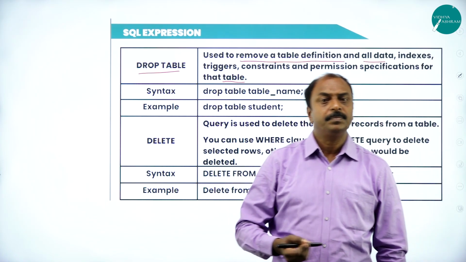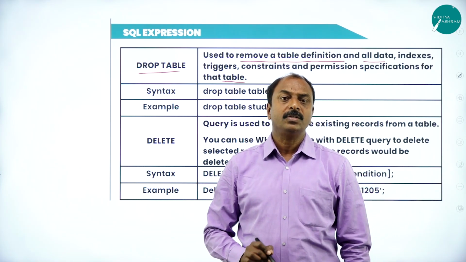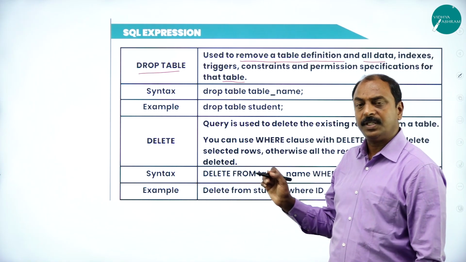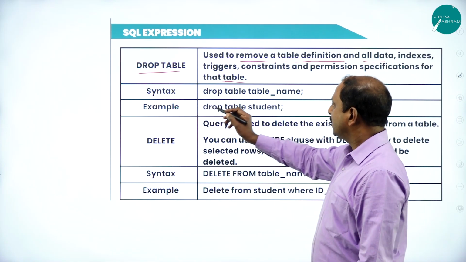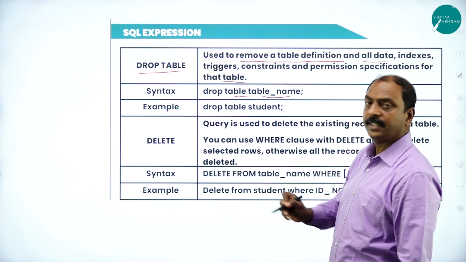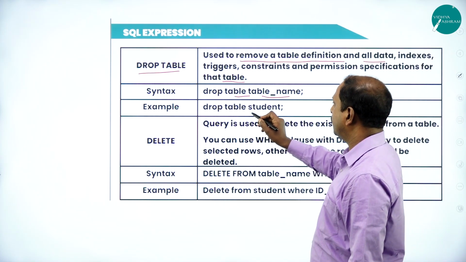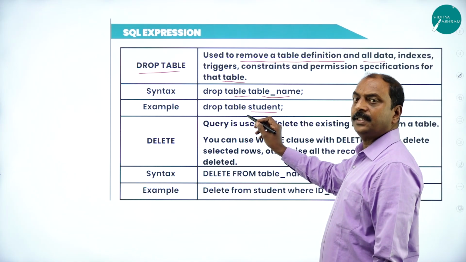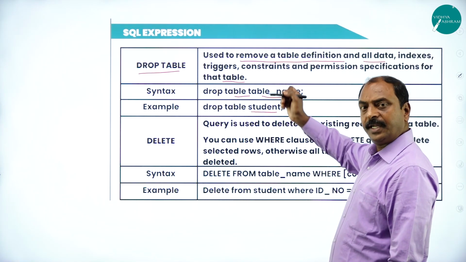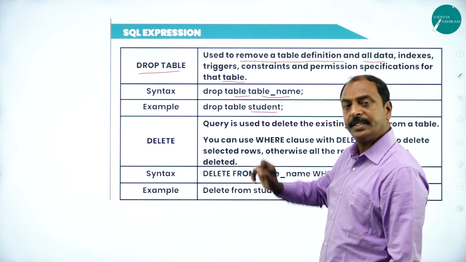In simple terms, it is going to delete the entire table with all constraints and so many features. The syntax is DROP TABLE table_name. Example: DROP TABLE student. Student is the table which we had created earlier. So it's going to remove the table from the database.